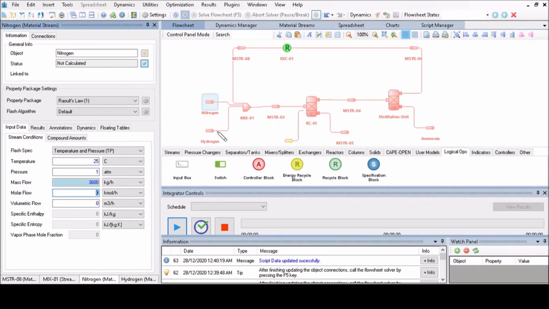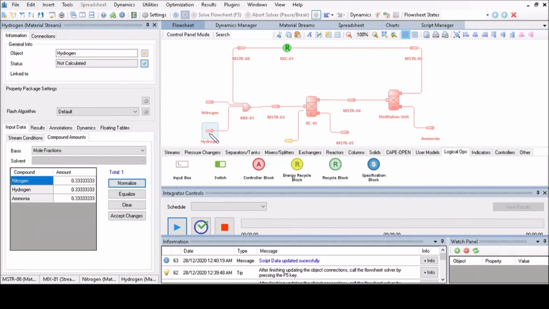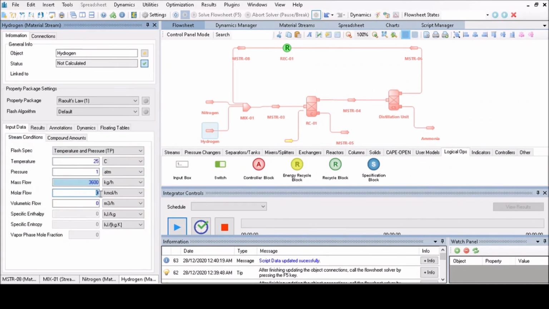For our nitrogen, we have 122.5 kilomoles per hour. And for our hydrogen, we have 367.5 kilomoles per hour.